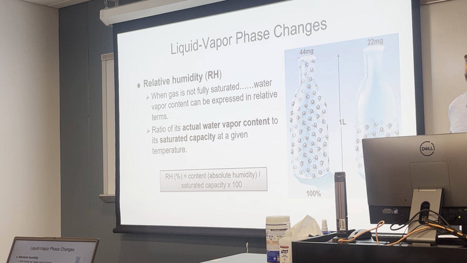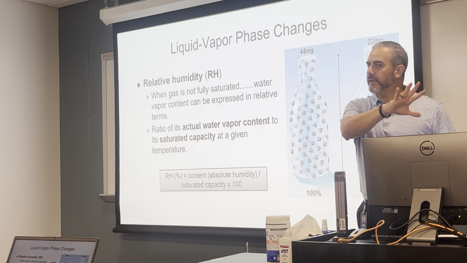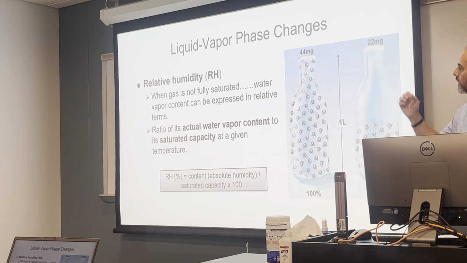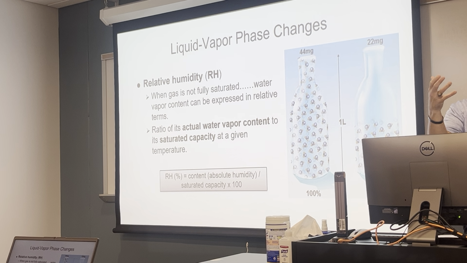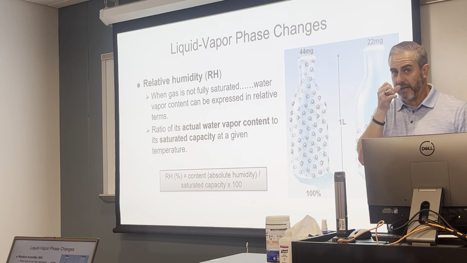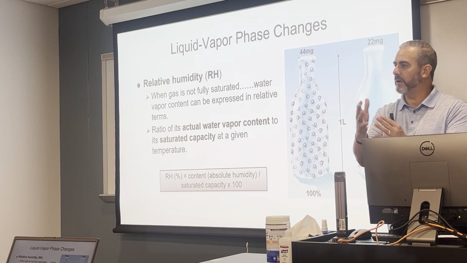All right, the term relative humidity. Absolute humidity is a content amount, milligrams per liter. Relative humidity tells us the amount divided by its saturated capacity. So the answer will be a percentage, not a physical amount like milligrams per liter.